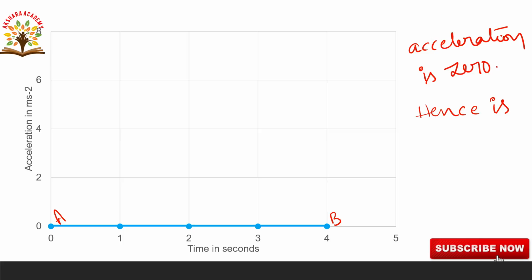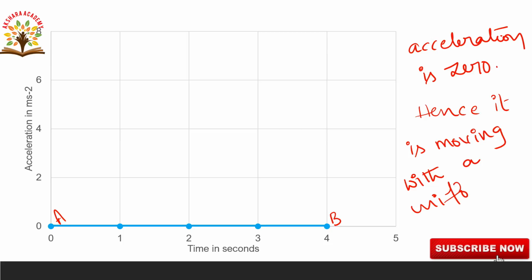This is about case 1, when the AT graph is coinciding with the time axis.